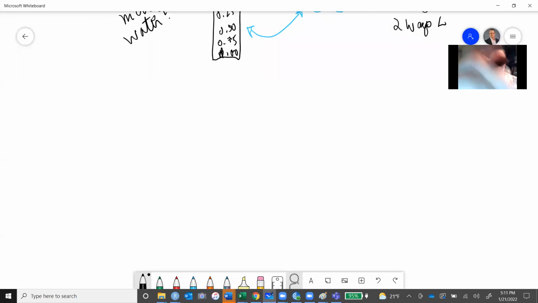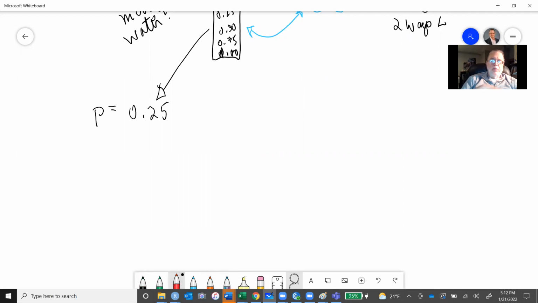Okay, we're going to take one of these hypotheses. We're going to take, oh, I think I've got something worked out for P equals 25. Let me just use red. It's going to be a little bit better.